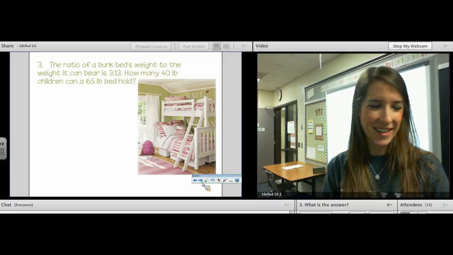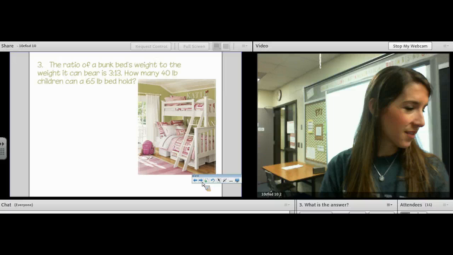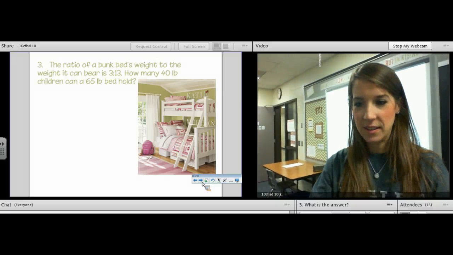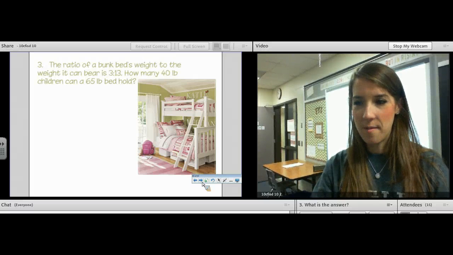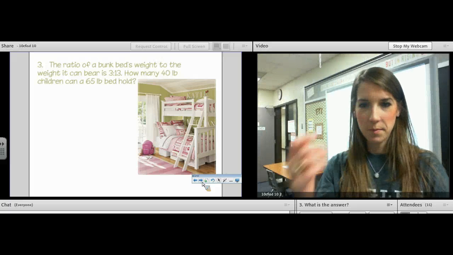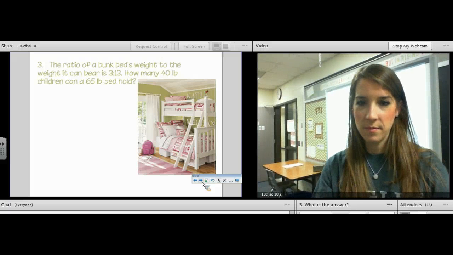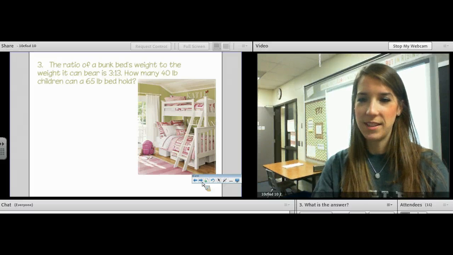I want to see who gets it first. So someone's having a sleepover, pajama party. How many people can get on that bed? Isn't that a cute room? That's so cute.